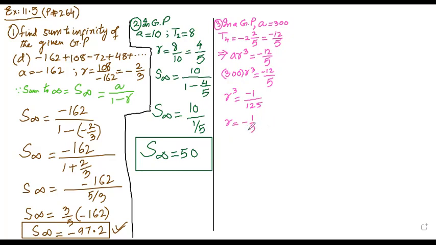So putting the value of R in the S infinity formula, sum to infinity, A upon, what is A? A is 300 upon 1 minus R. So S infinity is equal to 300 upon 6 upon 5.